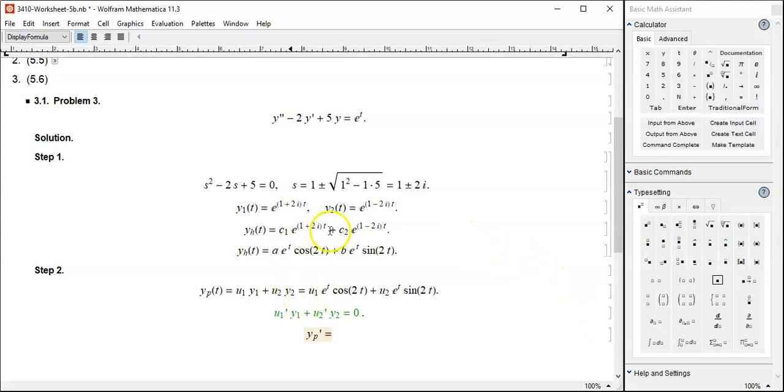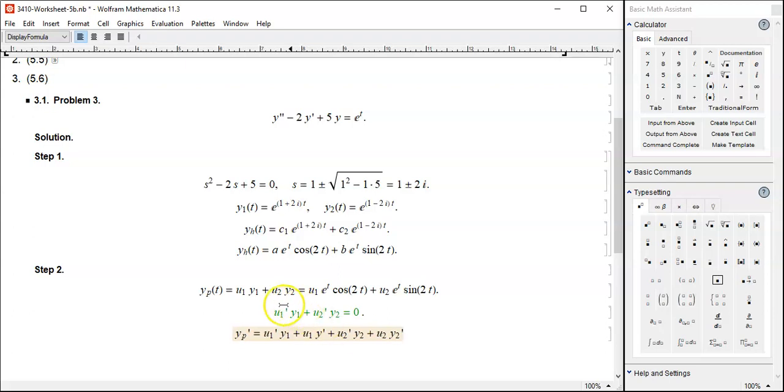Product rule: u1' y1 plus u1 y1' plus u2' y2 plus u2 y2', isn't it?